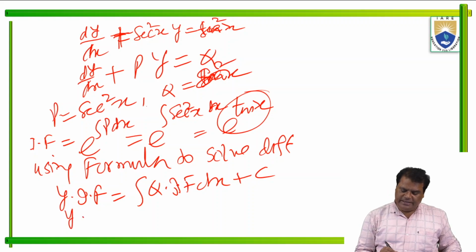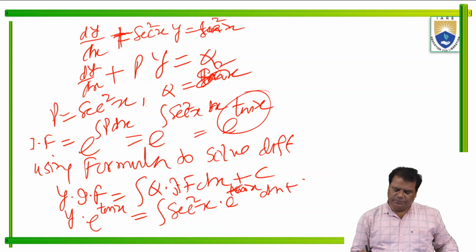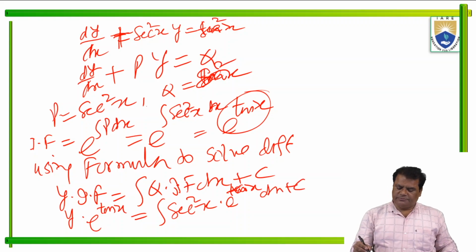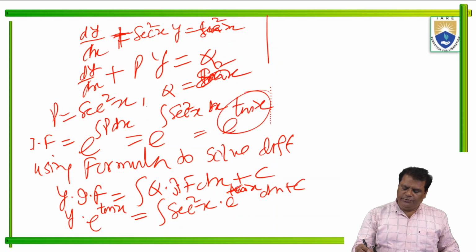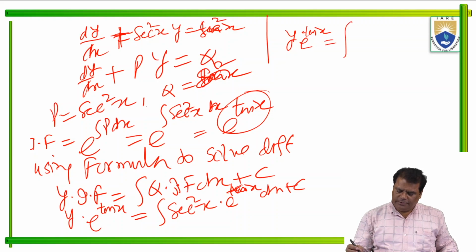So here y times IF, e to the power tan x, equals the integration of Q, which is here tan x, into e to the power tan x, dx plus c. So now integrating this: y into e to the power tan x equals, here considering tan x is t.